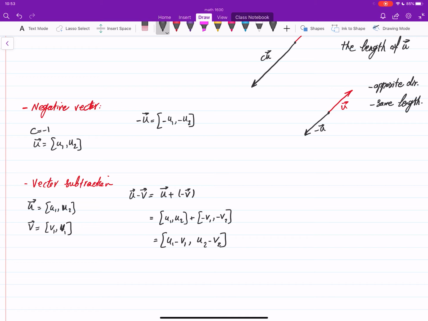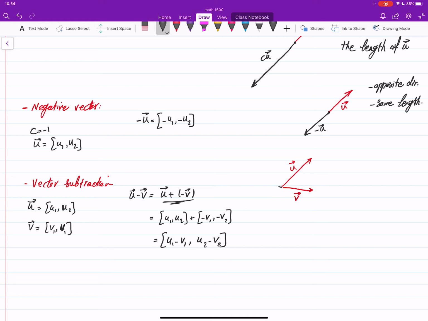Well, with this definition, you can see geometrically what u minus v means. Well, why? Because if this is u and this is v, we are trying to find u minus v. U minus v is the sum of u and negative v.